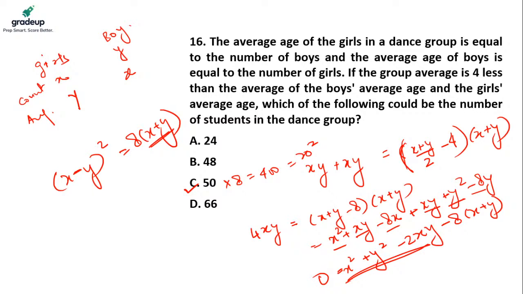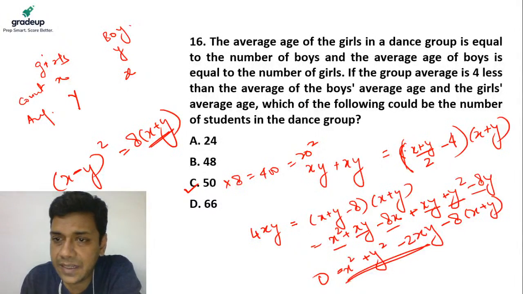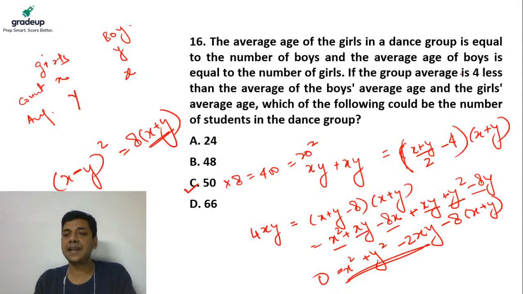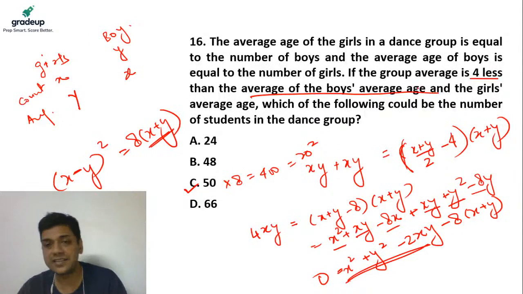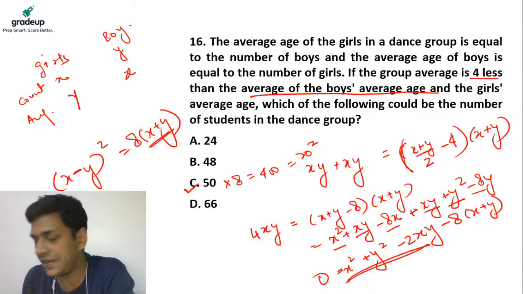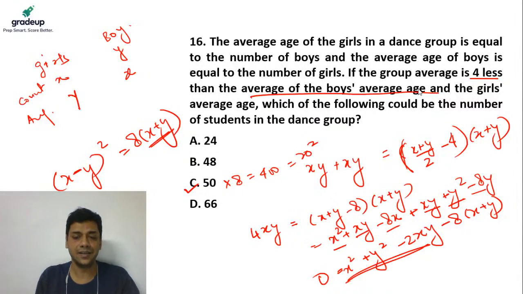Okay, so basically, Abhijit, what was the average of the complete class? The average of the complete class was 4 less than the average of boys' and girls' averages. If you have to find the average of the boys' and girls' averages, how will you do it?